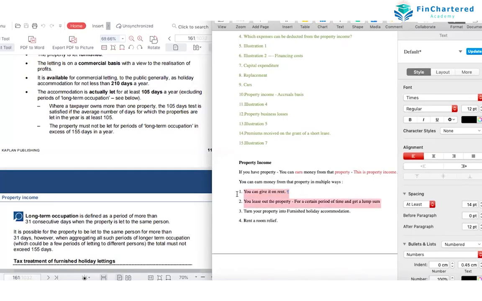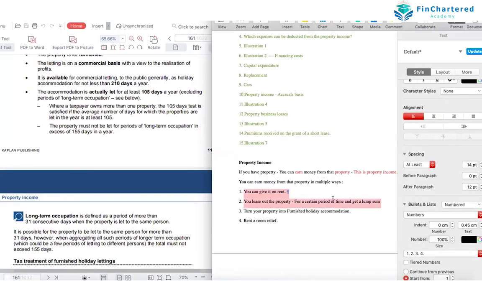We've completed the first 2 parts. Now the third part of this chapter is FHA, furnished holiday accommodation. How do you deal with furnished holiday accommodations is what we're going to look at in this third section, which is as small as the second section. So don't worry, don't panic much.